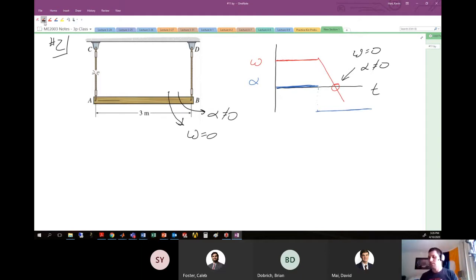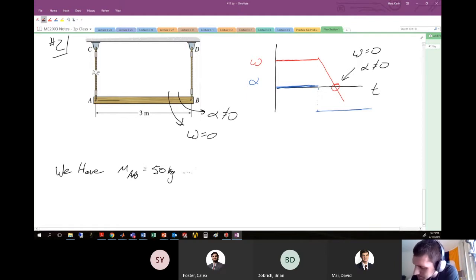So first things first, just like we do with all these problems: free body diagram, kinetic diagram. Let's talk about what we know. The mass of this object, AB, is given to us as, I forget what it was, 50 kilograms? 50 kilograms.